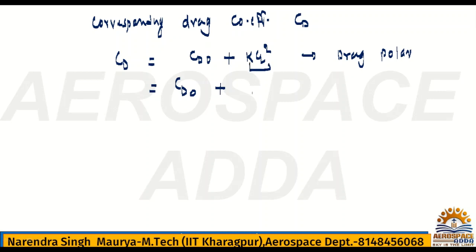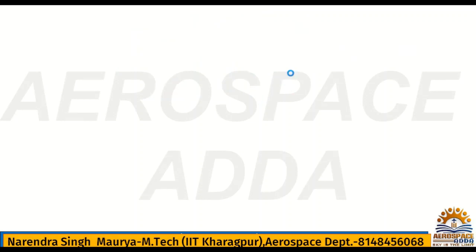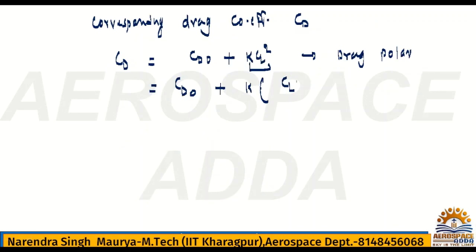it is induced drag, which is also equal to CD naught, but now we are considering this K CL square for a multiple m of minimum drag speed. Hence we can write K as it is, and CL just now you have calculated. What is the CL? Here you have calculated CL MD by m square term.